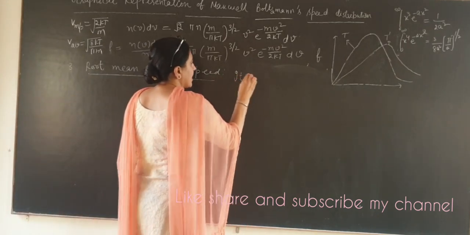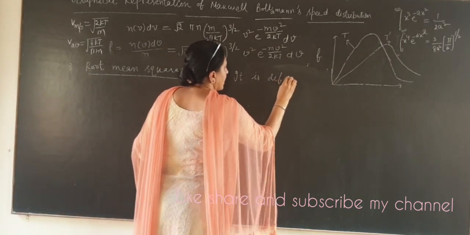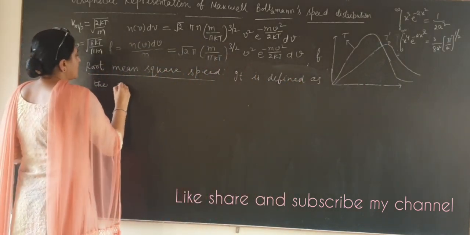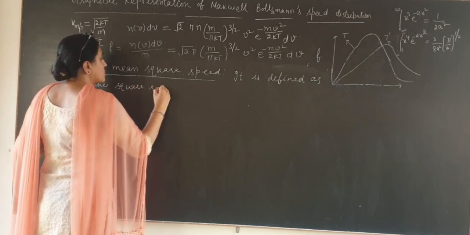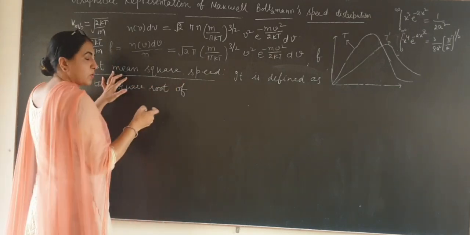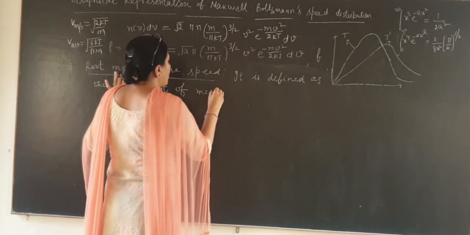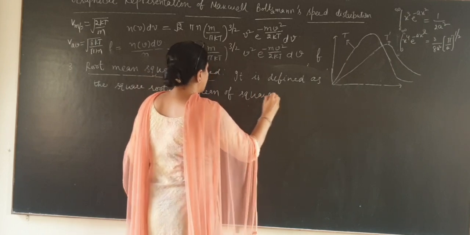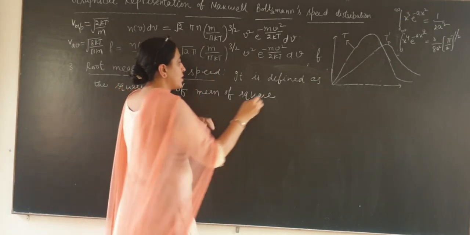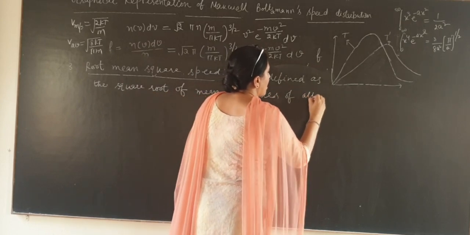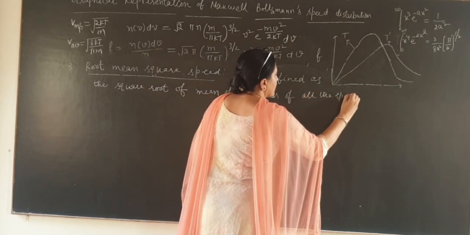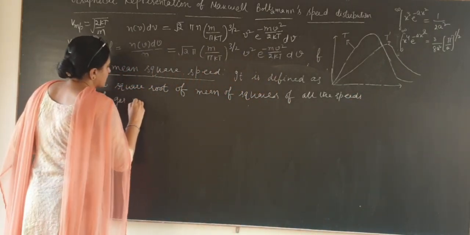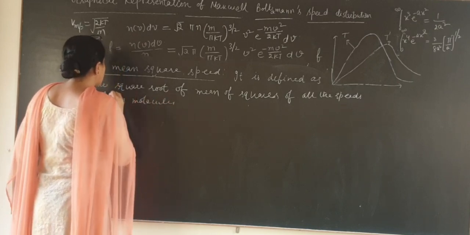It is defined as the square root of the mean of squares of all the speeds of all the gas molecules.